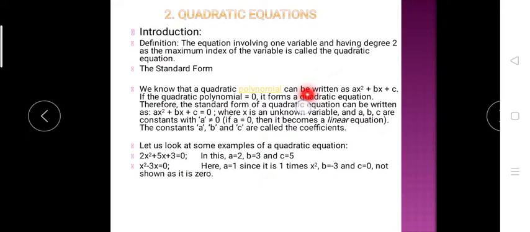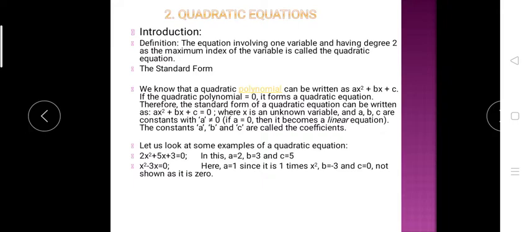The general form, that is the standard form of the polynomial, is ax square plus bx plus c, the quadratic polynomial. When this quadratic polynomial is equal to 0, then it forms a quadratic equation.